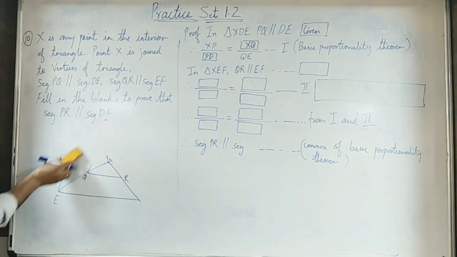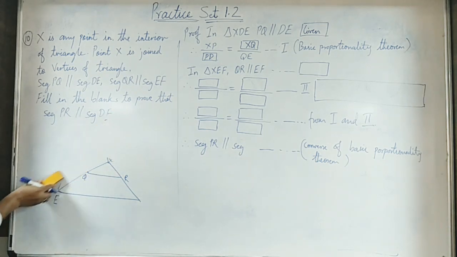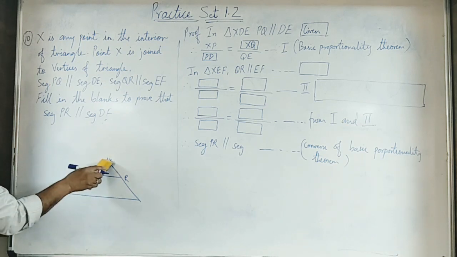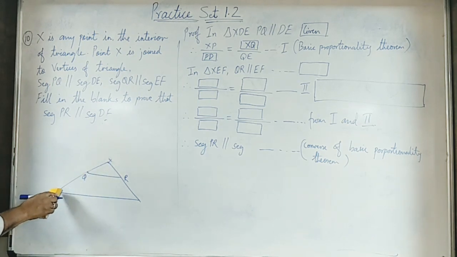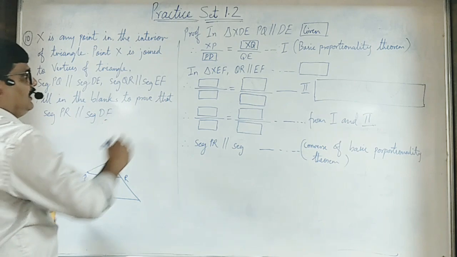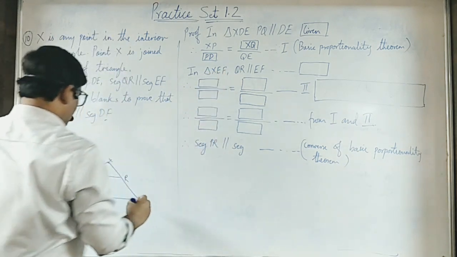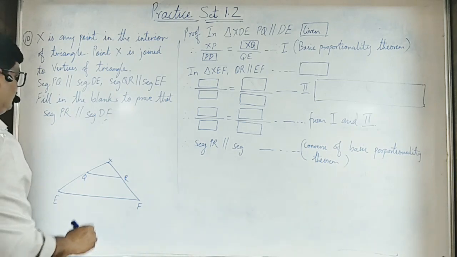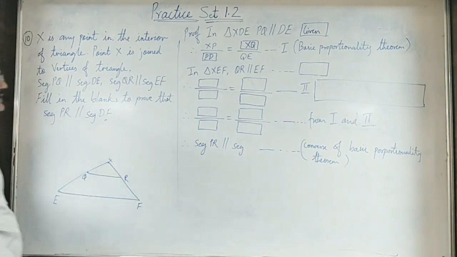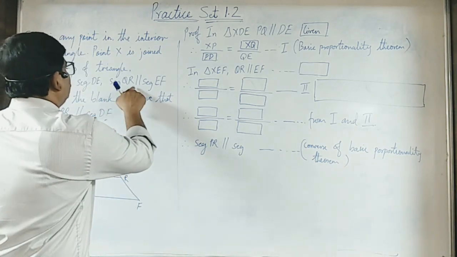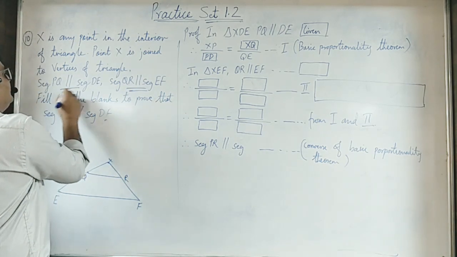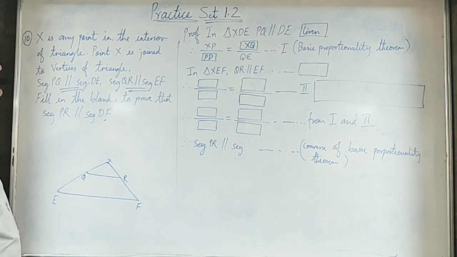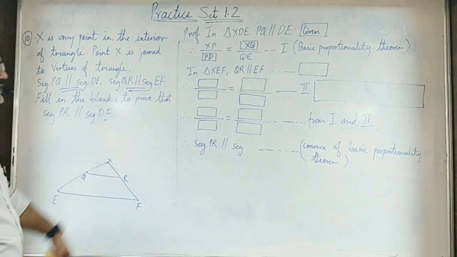In this case, you have again the triangle XEF. You have QR parallel to EF. Again, QR parallel to EF is given in your question, like how PQ parallel to DE was given. So QR parallel to EF is given to us.